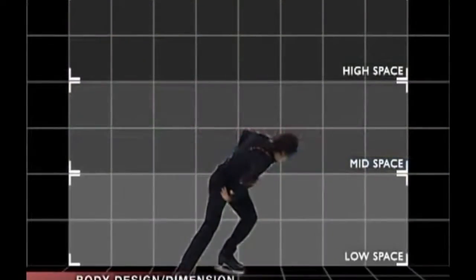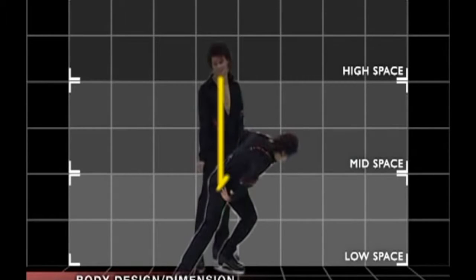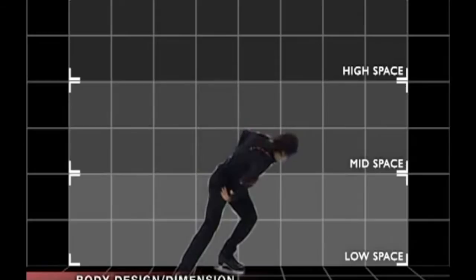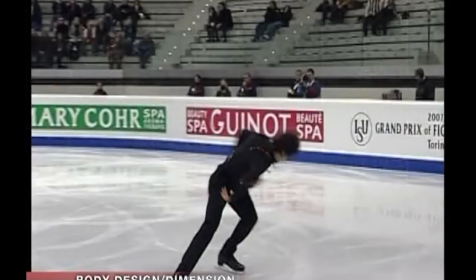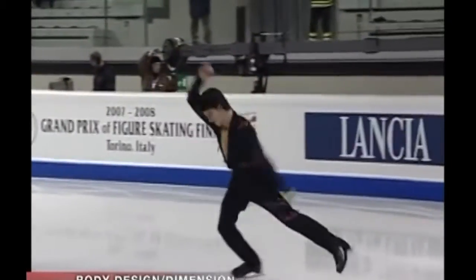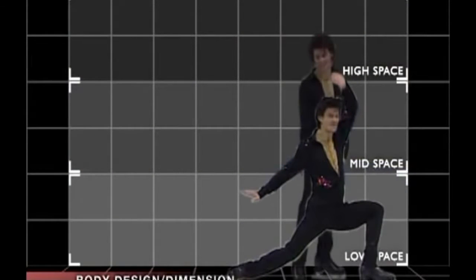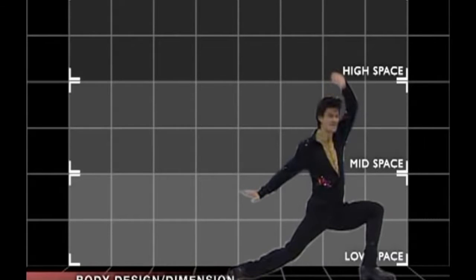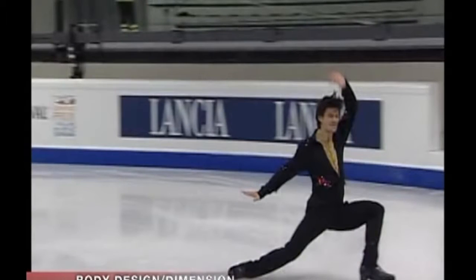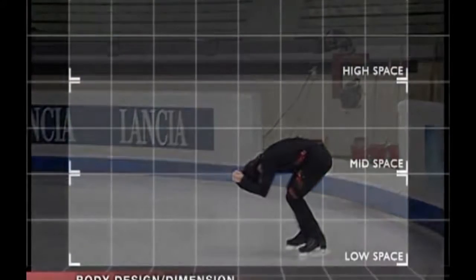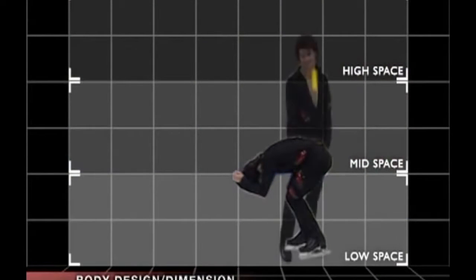The body core is now in the mid to low space with the upper body off-center again. Here, the skater is in the low space and crouching, far from the basic upright position.